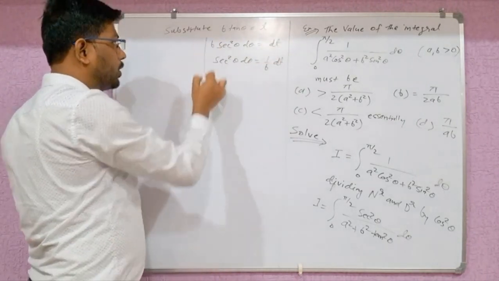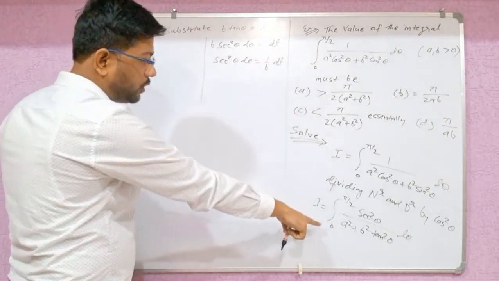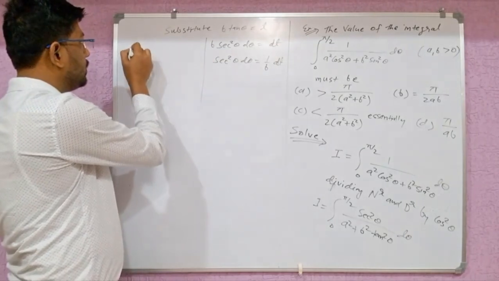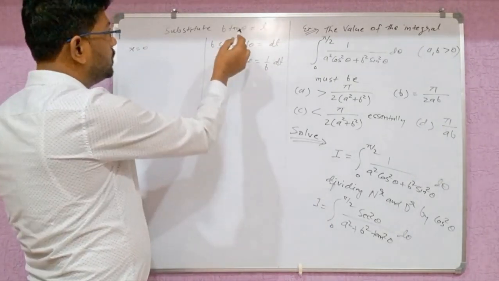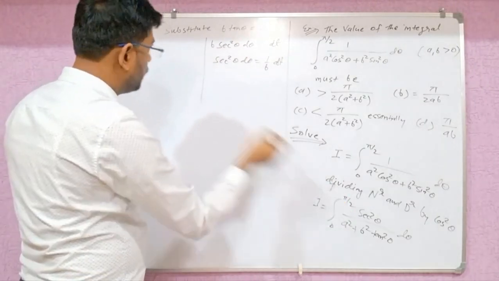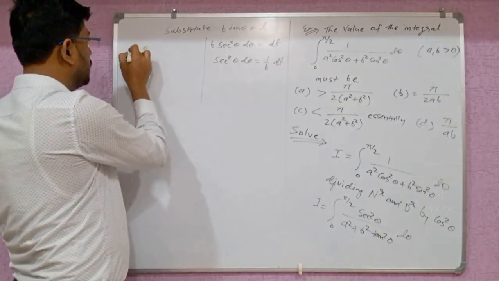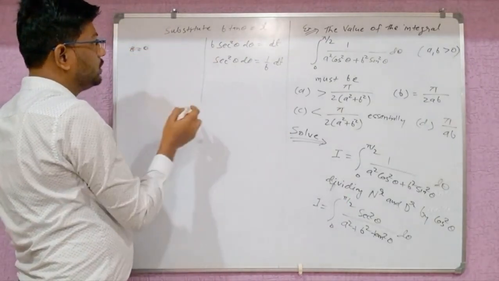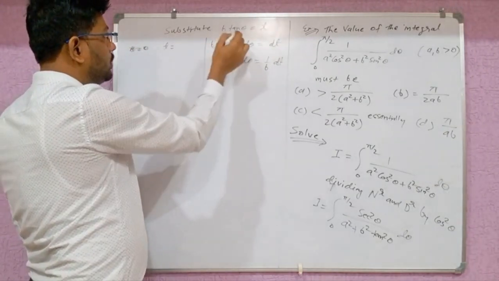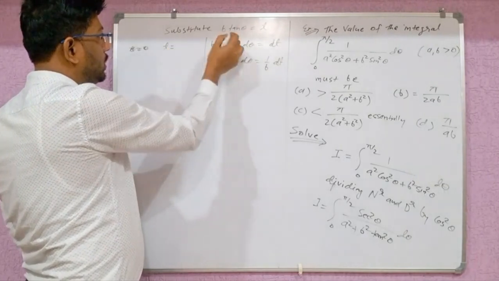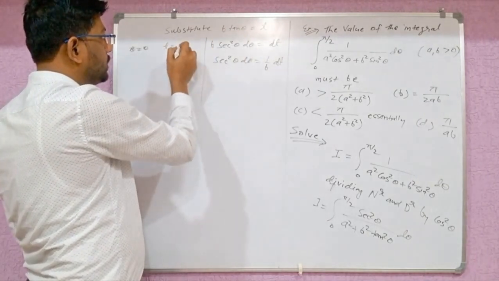Okay, what about the limits? For theta is equal to 0, this t will be tan 0, so tan 0 means 0.